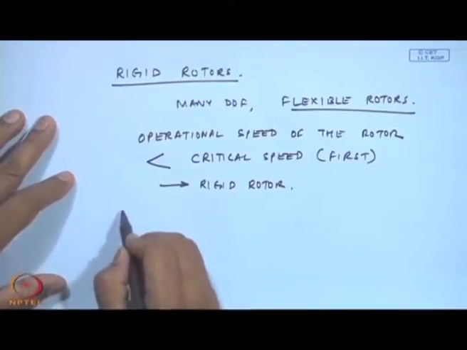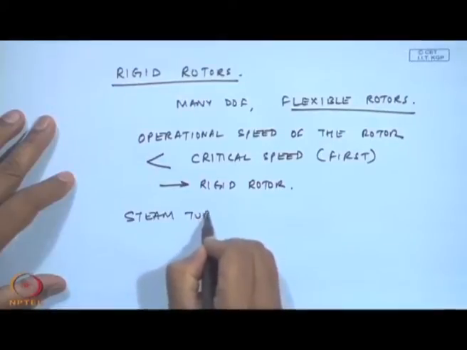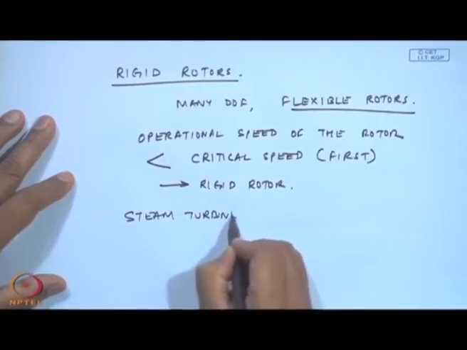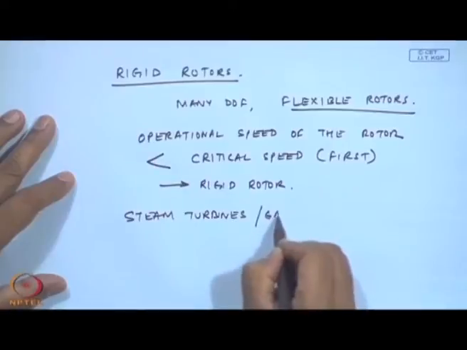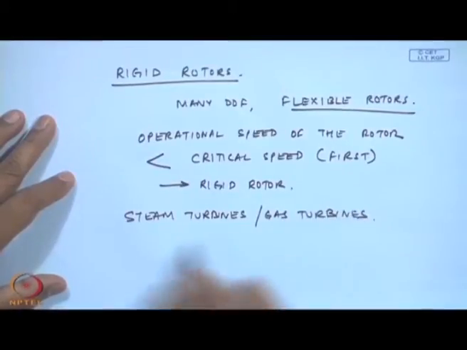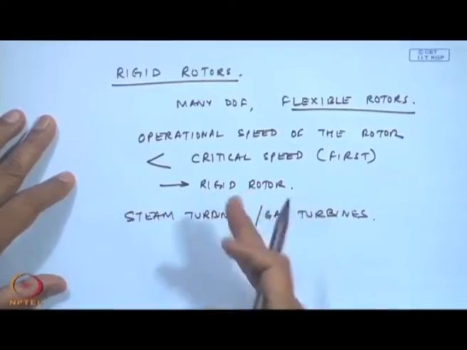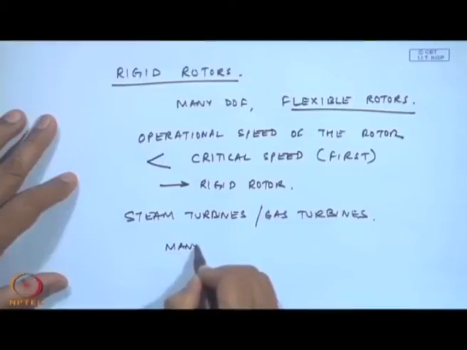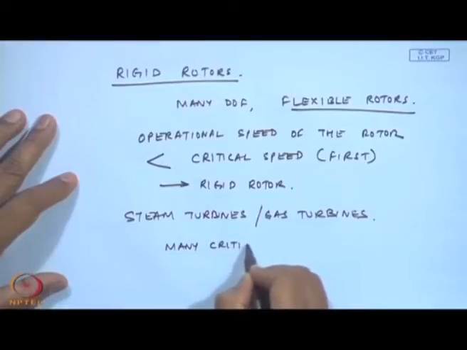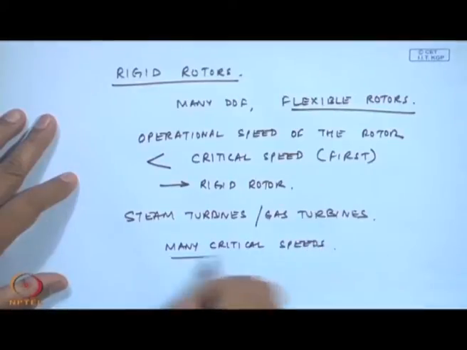But when I talk about steam turbines or gas turbines, where it is a long shaft having sets of compressor vanes and turbine vanes, these are long shafts, and as you know there will be many critical speeds. Okay.